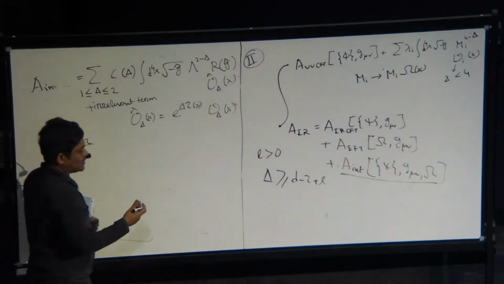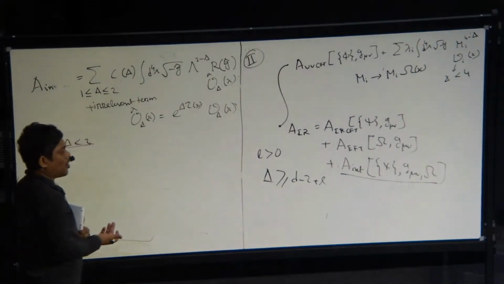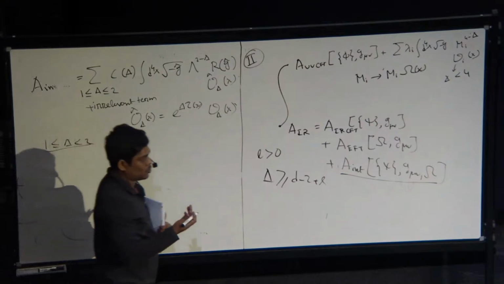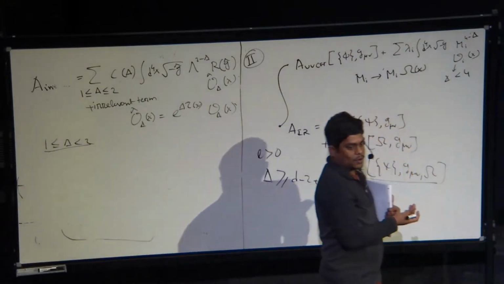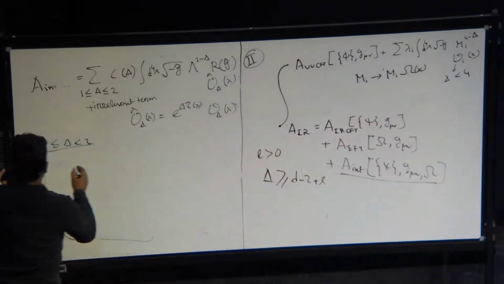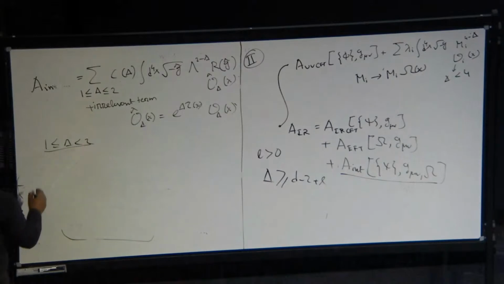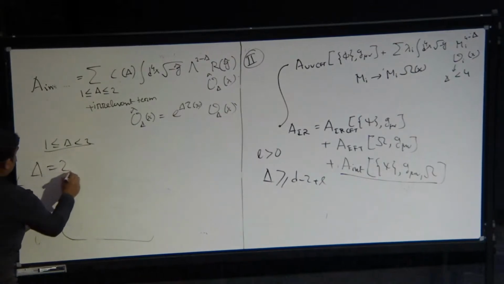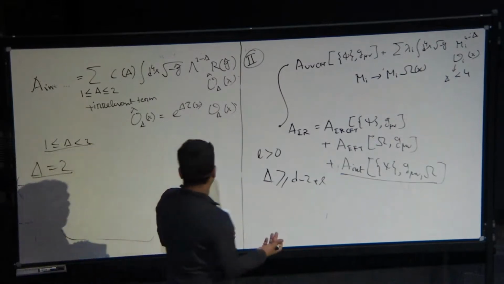It contains some non-integer power of the derivatives or non-integer power of momenta. So if we are only interested in reading off the local part of the vertex, then we can really forget about the operators with scaling dimension between 1 and 2. But it is important to consider the dimension 2 operator because it really can contribute at 4 derivative order.